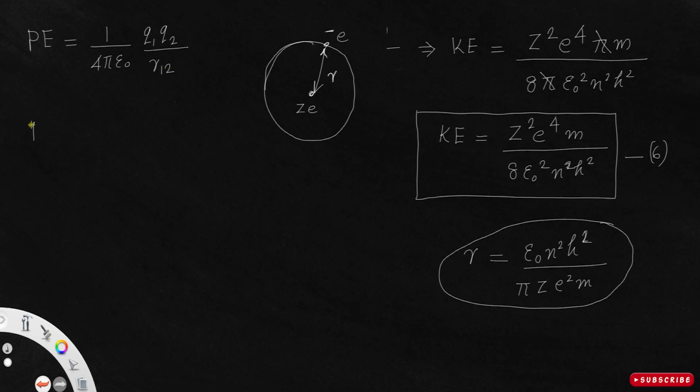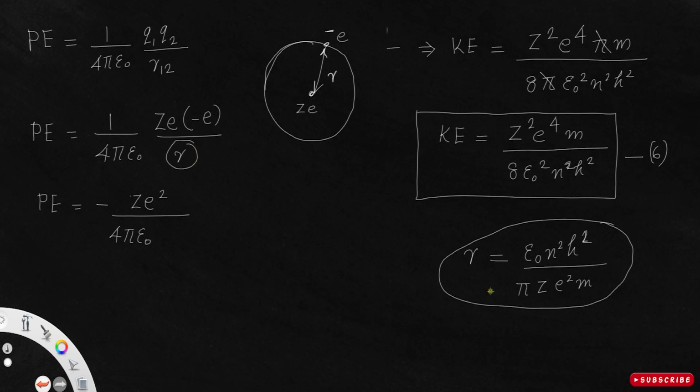Therefore, Pe is equal to 1 by 4 pi epsilon 0. Here Q1 is Ze, Q2 is minus e, divided by R12, which is r. So the potential energy will be, let me take this minus to the left, minus Ze square divided by 4 pi epsilon 0.